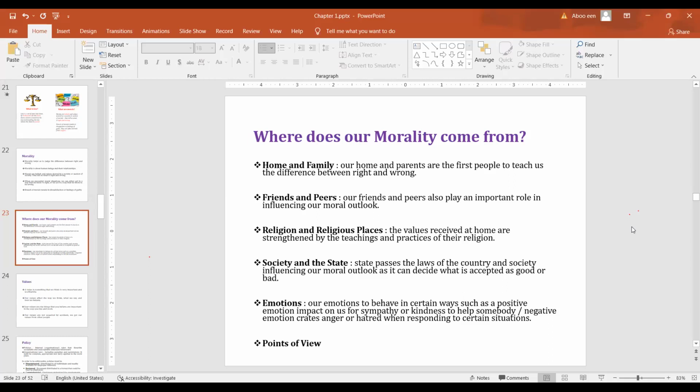Value means what? A special thing that we give importance to.